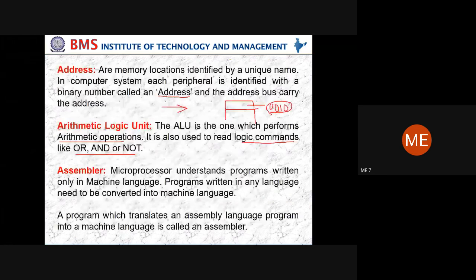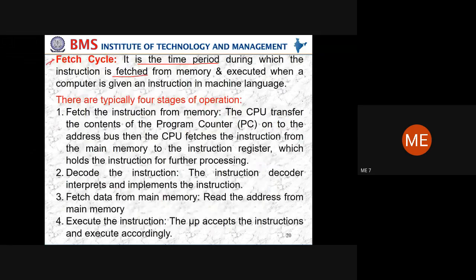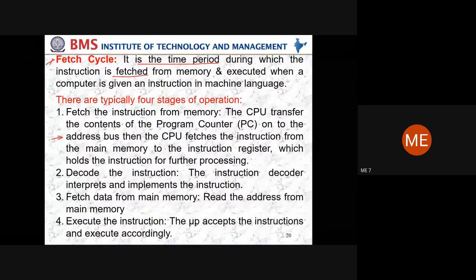Accordingly, in fetch cycle step 1, the CPU transfers the content of the program counter onto the address bus. Why do I need to send the information to the address bus? Because through the address bus I need to send the address of the location from where I want to fetch the instruction.